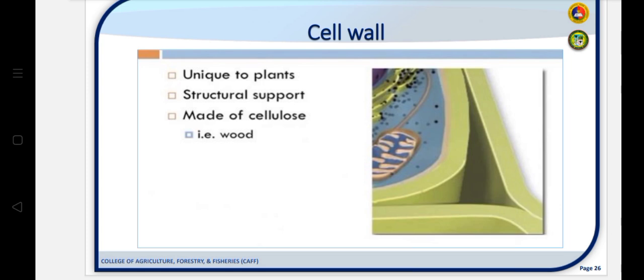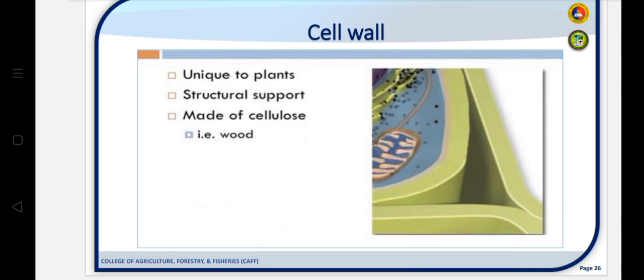It decides what goes in and goes out. It forms a thin, flexible boundary around the cell. And I hope you can still recall in the previous lesson that the cell membrane is made mostly of phospholipids, which allow it to be flexible and selective.